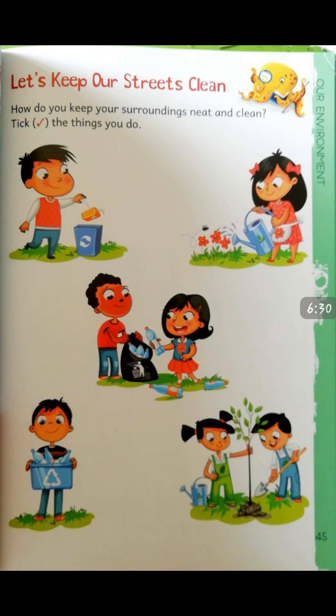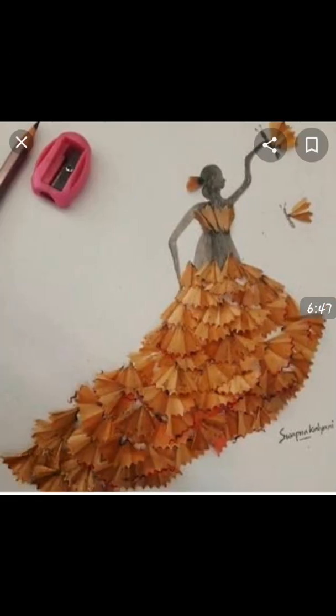Now, in order to keep our surrounding clean, you must recycle these things. It means you should make use of everything in newer ways so that the amount of waste is less. We can make art out of trash instead of throwing things. Like we can use the waste pencils and make a beautiful drawing like this.